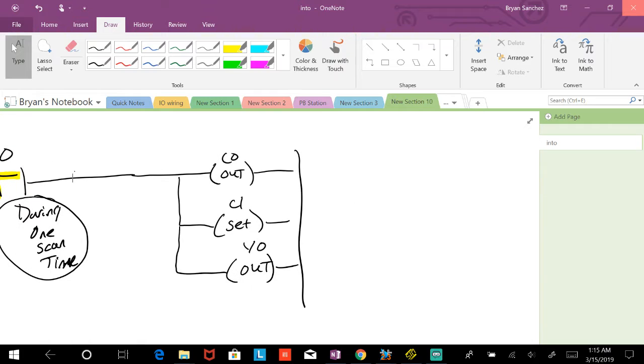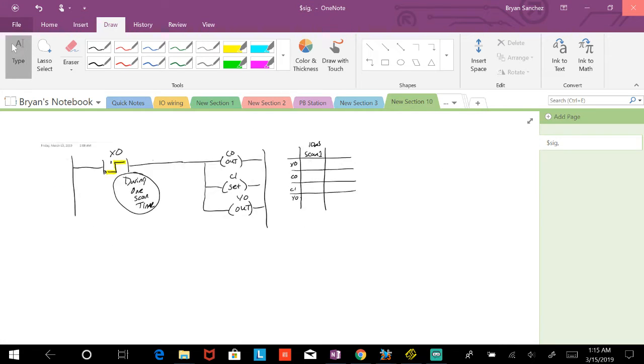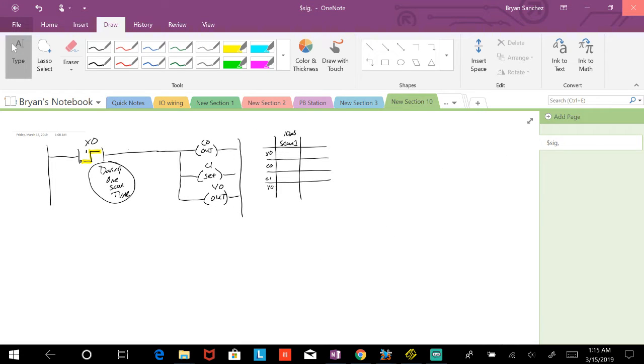Okay. So now let's do a little table here. Scan time, scan 1. Lasts 10 milliseconds. I don't know how much it's going to last, but I put 10 milliseconds. So let's say X0 is equal to 0. It's been equal to 0 all this time.